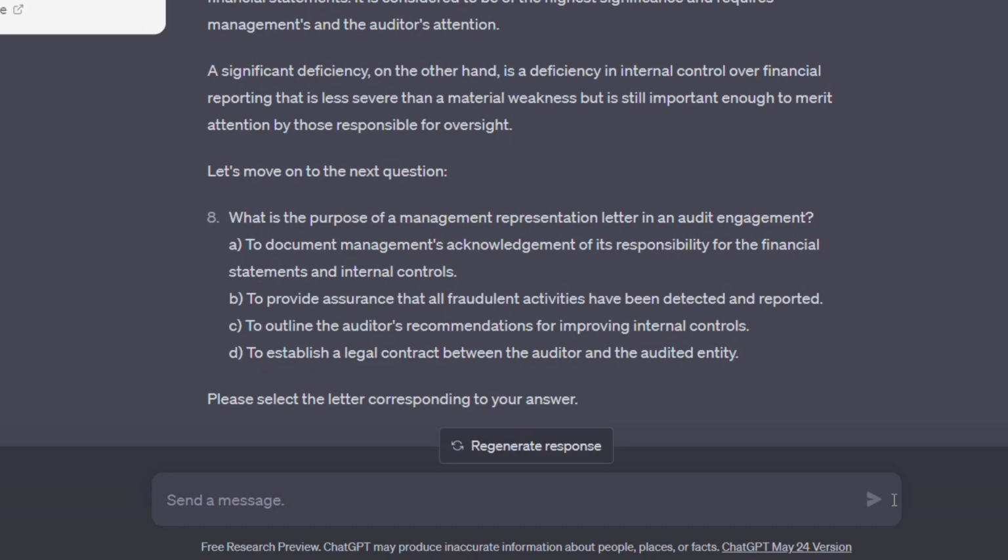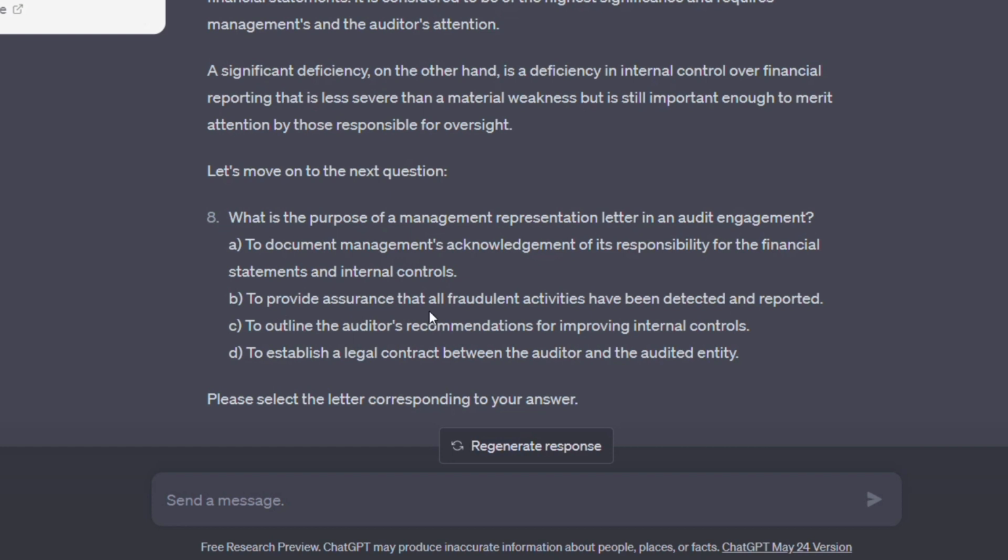Okay. What is the purpose of a management representation letter in an audit engagement? So, to document the management's acknowledgement of its responsibility for the financial statements and internal controls. Yes, yes, but you need to read all the multiple choices.